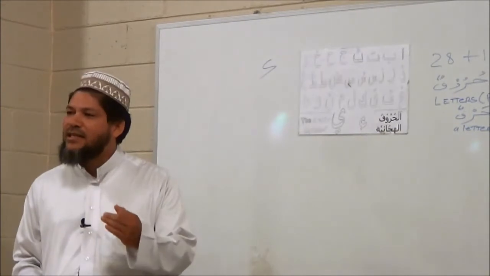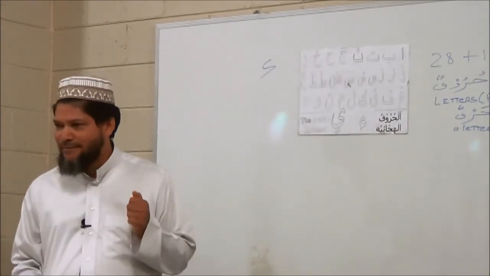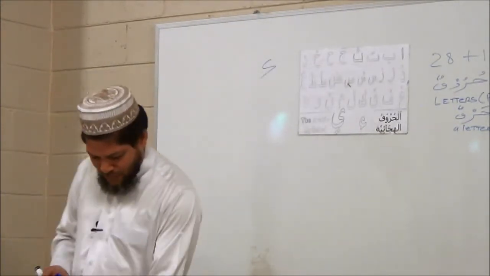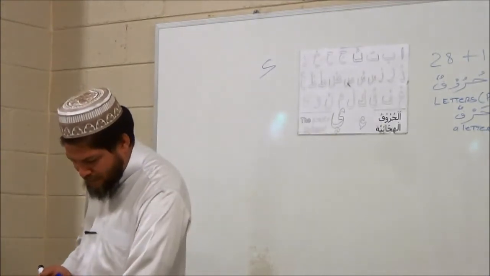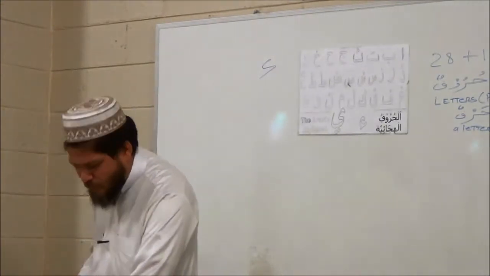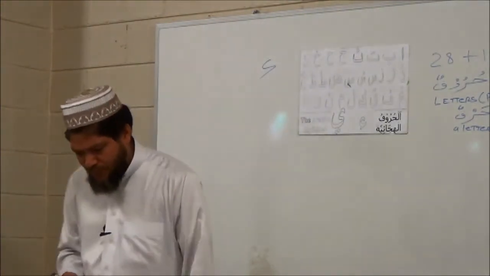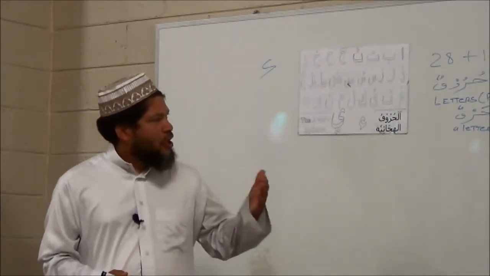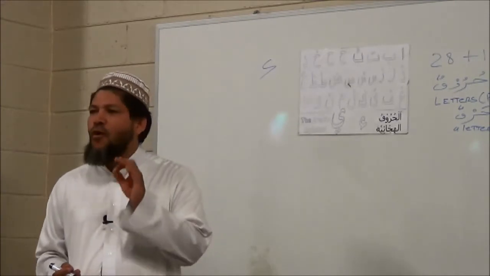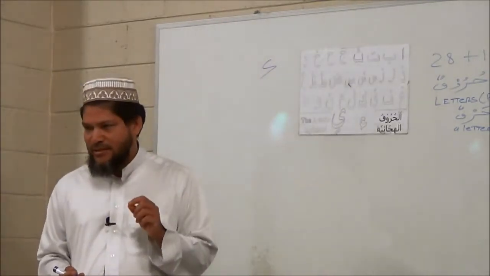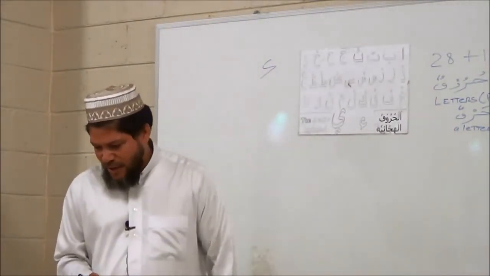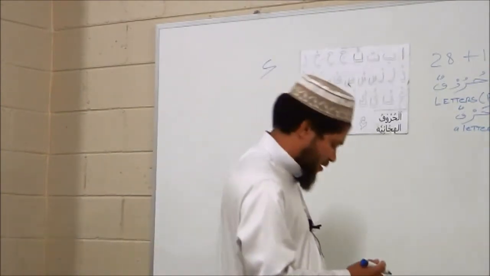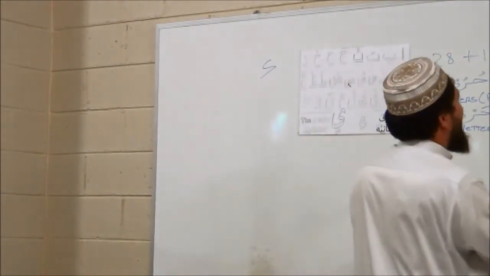Now, next step is we need to write. So if you look on page 4, they show you exactly how to form the letters. As you can see, firstly, our first letter is an alif.